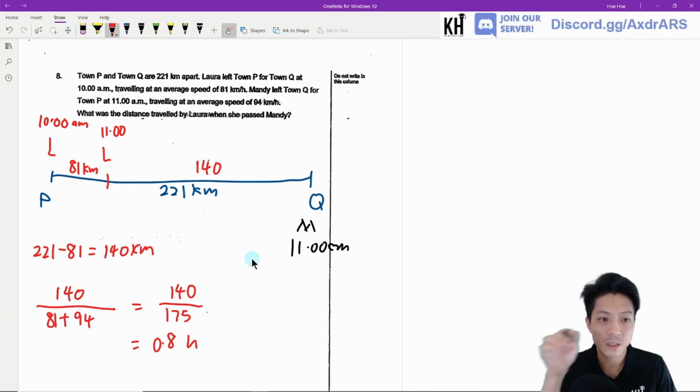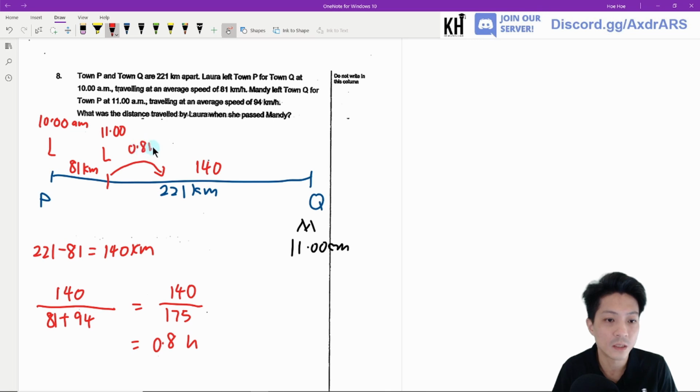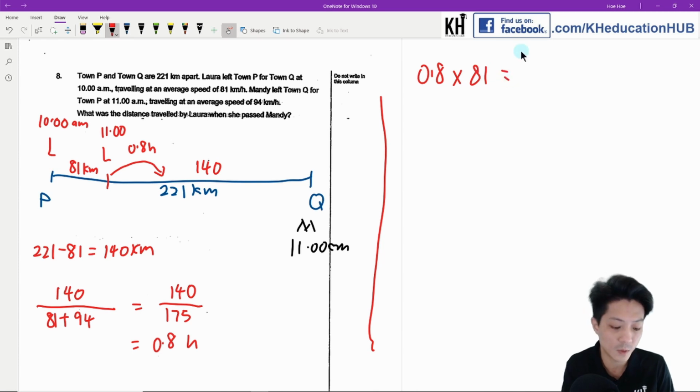The question is asking us to find what was the distance traveled by Laura when she passed Mandy. So I just need to find, in 0.8 hour, the distance that she traveled from this point here. In the next step, I'm gonna use 0.8 times Laura's speed, which is 81.